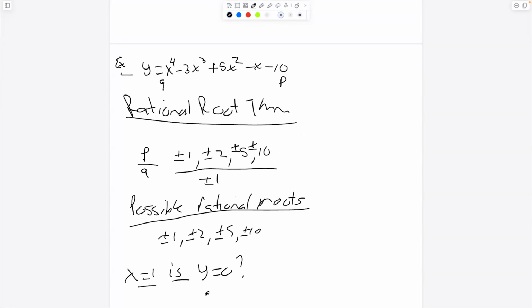We're going to get 1 to the 4th is 1. 1 cubed, all of these x's are just 1. So we get 1 minus 3 plus 5 minus 1 minus 10. So that's negative 2, positive 3, 2 minus 10. It ain't 0. That didn't work.